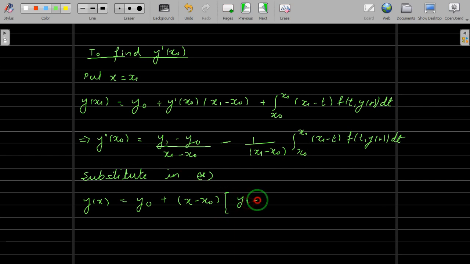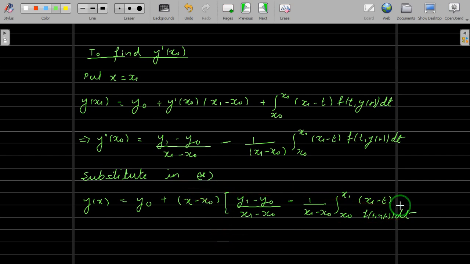So y1 minus y naught divided by x1 minus x naught minus 1 upon x1 minus x naught integral x naught to x1, x1 minus t, f of t y(t) dt.